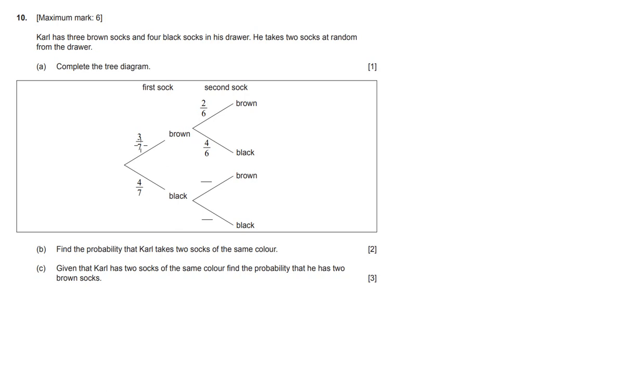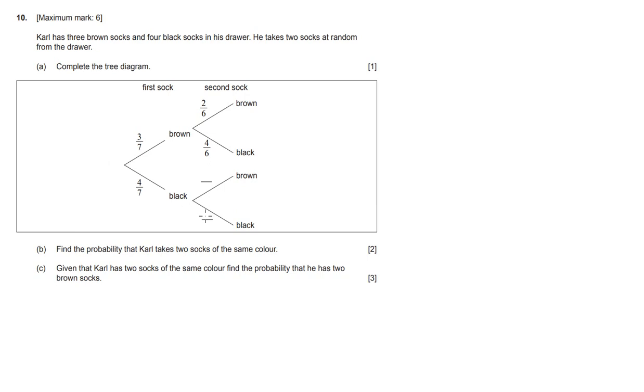So if he picks a brown sock on the first one, there's still 4 black socks out of 6 total shown, right? So 4/7 chance that he picks a black sock. So if he picks a black sock, let's go down here. I'm going to do this one first here. So that means if he picks one of the 4 black socks, there's one left. Do this in green like we've been doing all the answers.